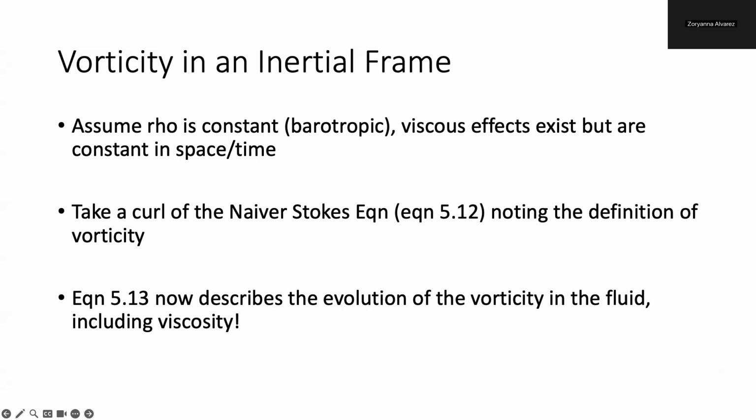Basically, u dot del u we can turn into del of u dot u over 2, plus del cross u cross u. And of course, this thing is omega.